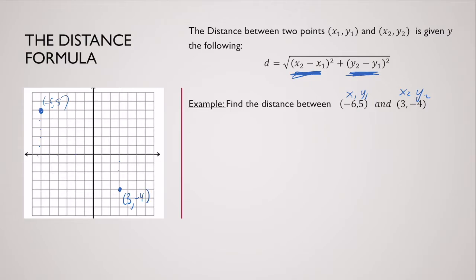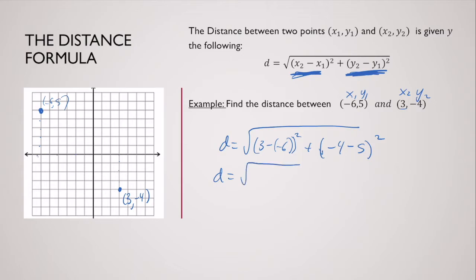So I'm going to plug in these points. I have distance is the square root of x2 minus x1, so I've got 3 minus a negative 6 squared plus my difference in y, which is negative 4 minus 5 squared. So I get my distance is the square root of 9 squared plus negative 9 squared.